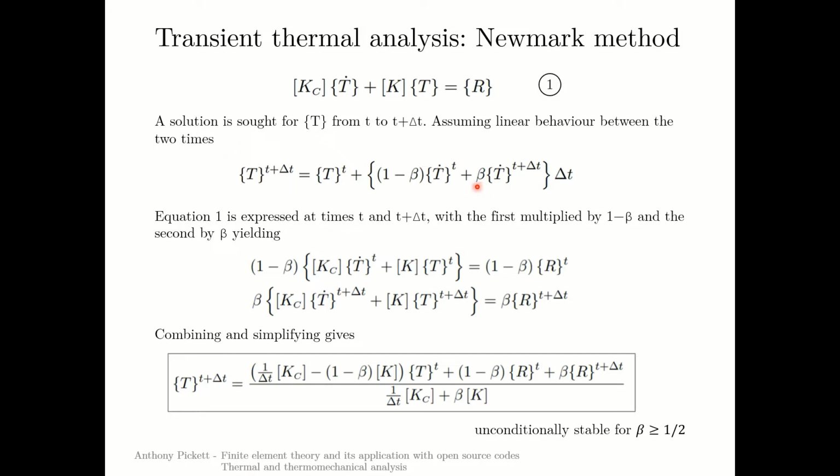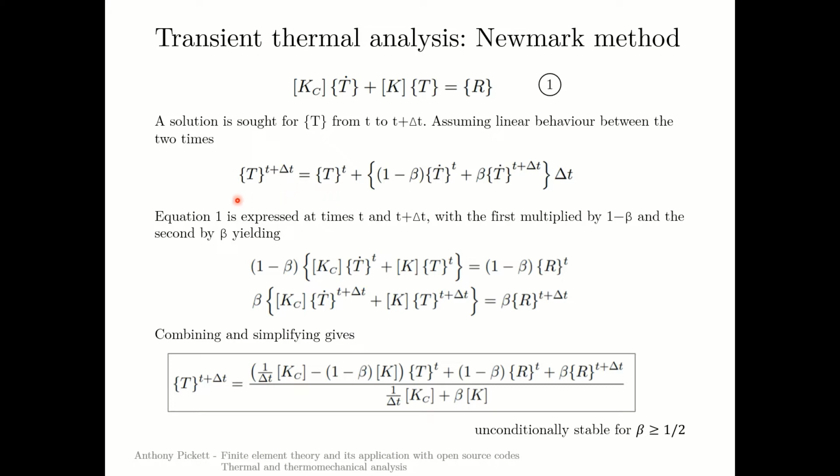So for example, if beta was 0.5, you would have this one plus this one divided by 2 multiplied by the time interval. So it's giving us a forward prediction of time. This would be reasonable as long as, of course, the behavior between this time and this time is linear.